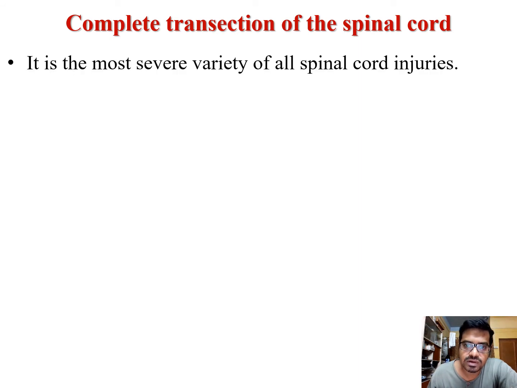Complete transection of the spinal cord. As the name suggests, it is a complete through and through cutting of the spinal cord in the horizontal plane. And obviously, it is the most severe variety of all spinal cord injuries.